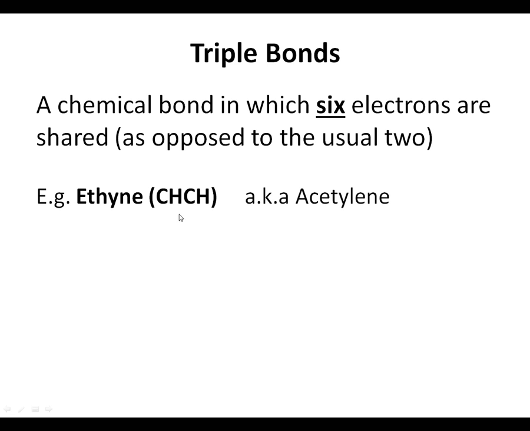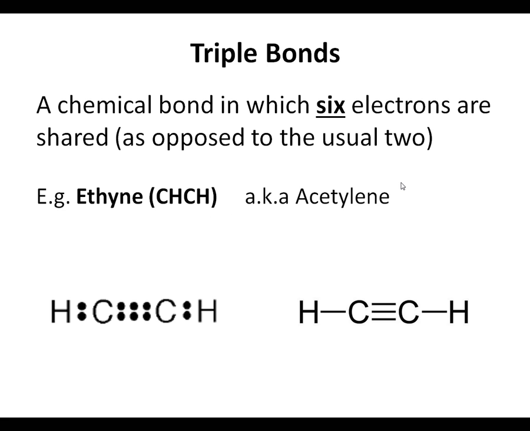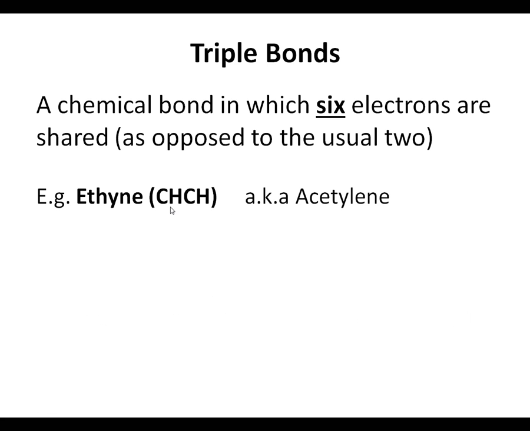So for instance, ethine, otherwise known as acetylene, is actually a triple bond here, C triple bonded with a carbon. So let's do the Lewis structure for that, just to show you again how we get that.